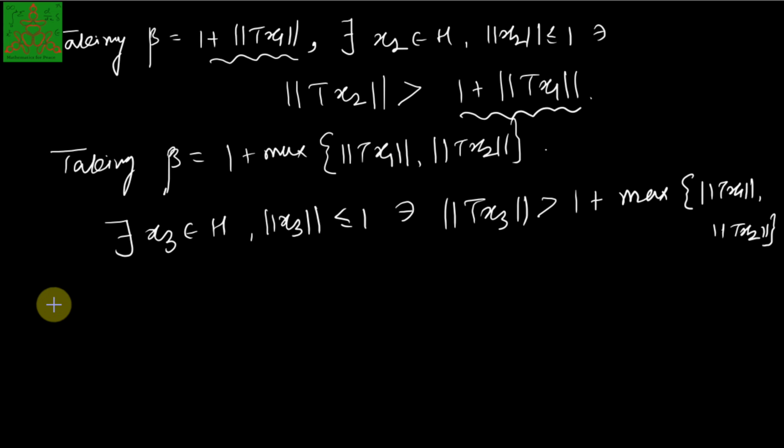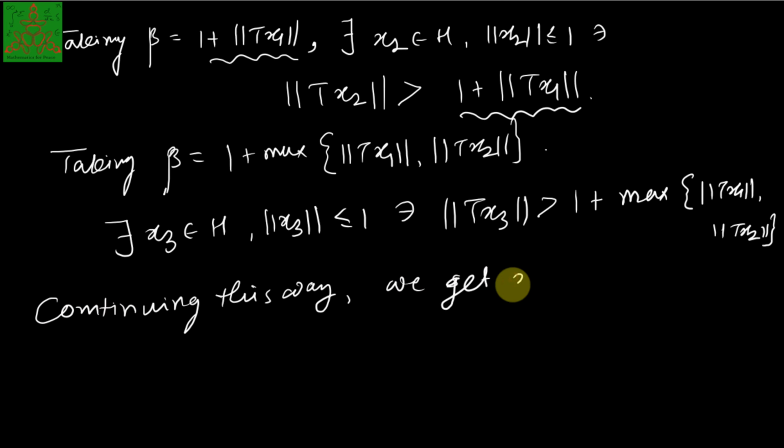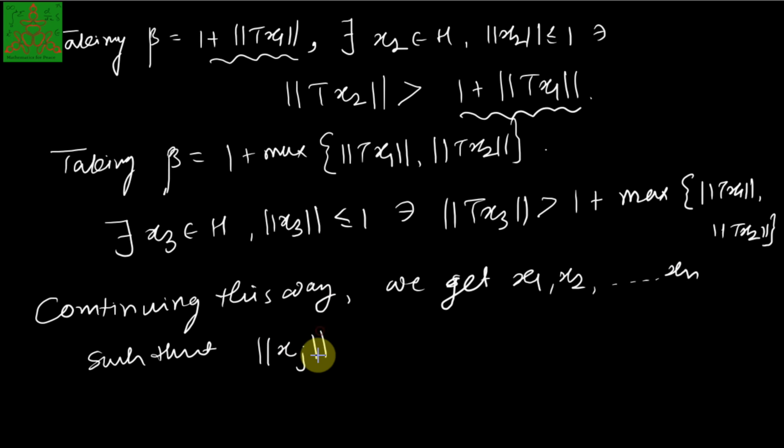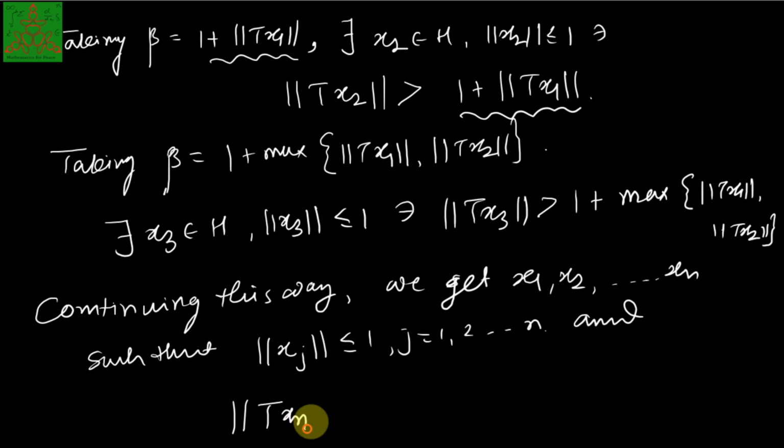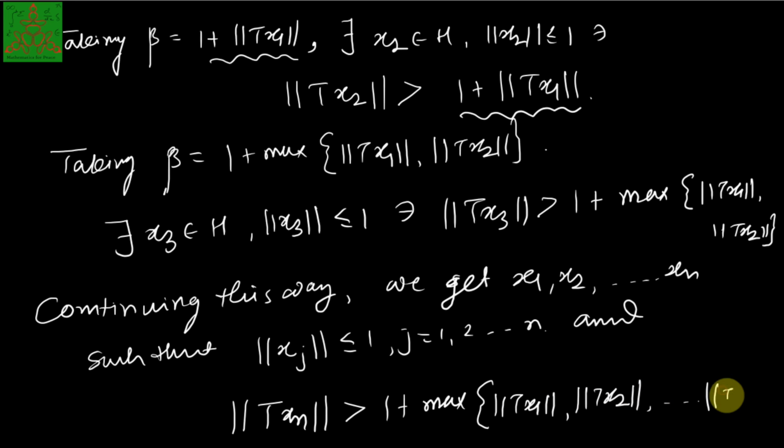Continuing in this manner, we get a sequence of elements x1, x2, and so on up to xn, such that all of them have norm less than or equal to 1, where j runs from 1 to n, and norm of T xn is greater than 1 plus the maximum of norm of T x1, norm of T x2, up to norm of T x(n minus 1).